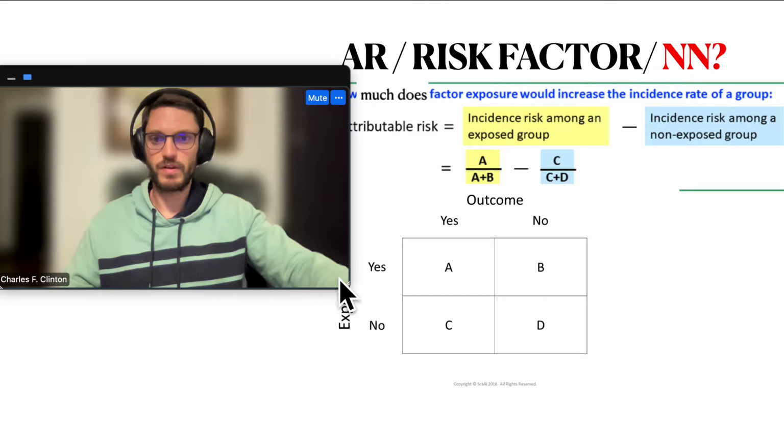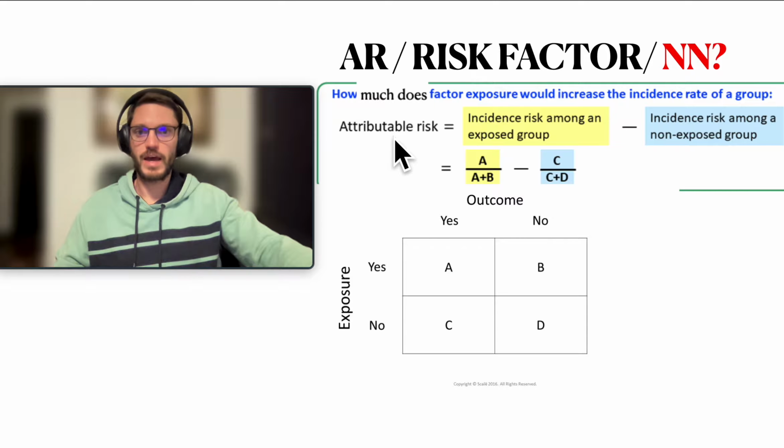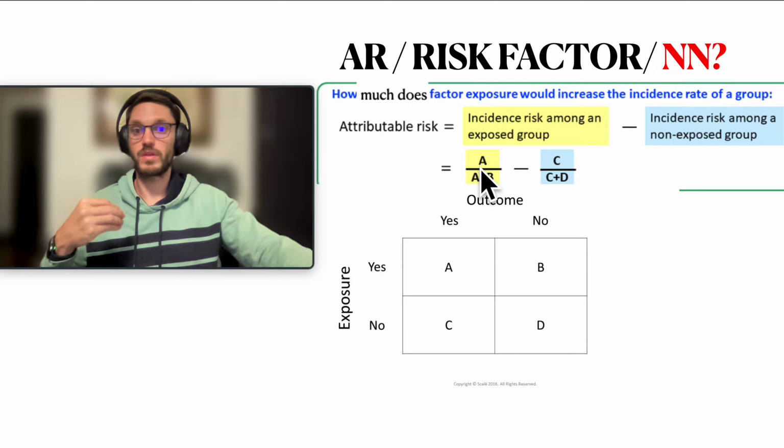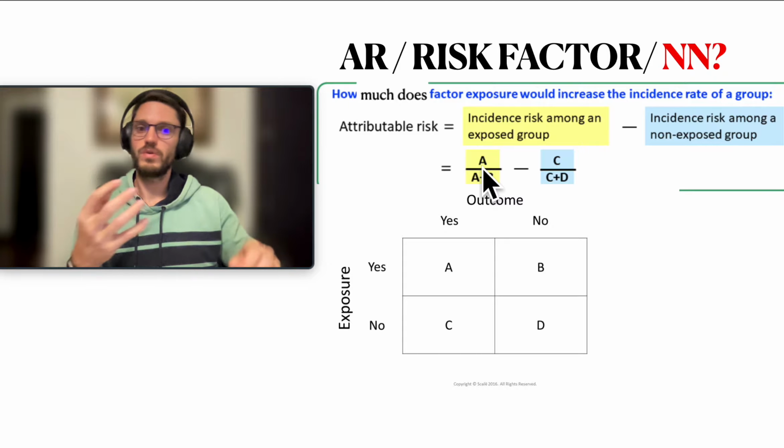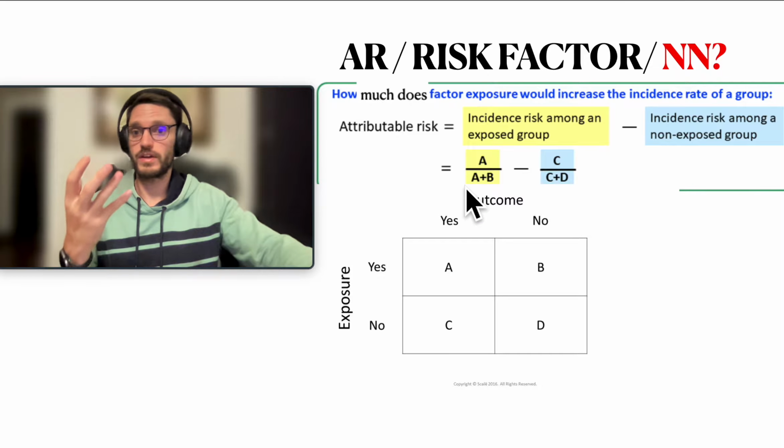Attributable risk in general answers this question: how much does the exposure increase the incidence rate of a group? So attributable risk includes the word risk. How much of this risk is attributed to the risk factor or the exposure?